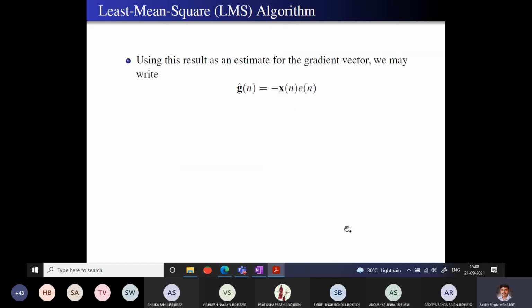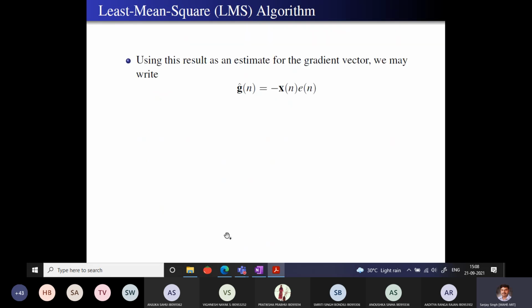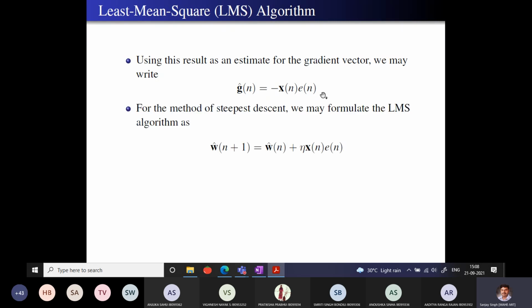Once you've written like this, using this result as an estimate for the gradient vector, we may write, because this is nothing but a gradient vector. Remember, there is a nabla for E only. It's a gradient vector, so the gradient vector we are estimating by g-hat(n), which is minus x(n) e(n). Now once you have this, remember that for the method of steepest descent, we may formulate the LMS algorithm.